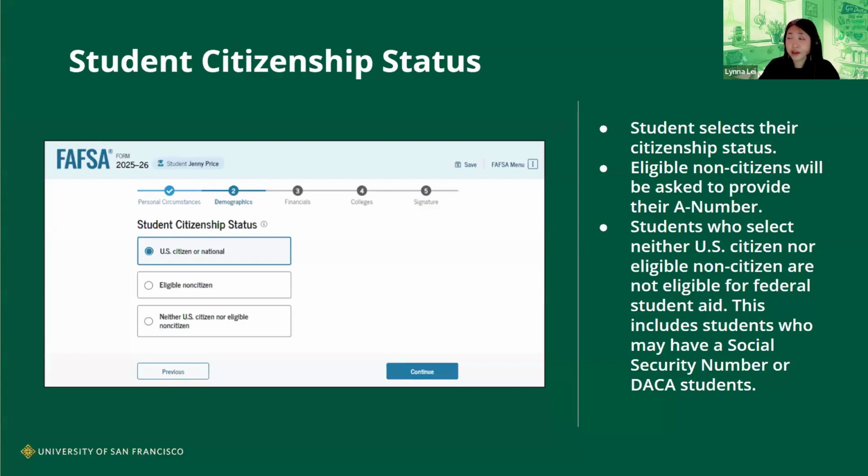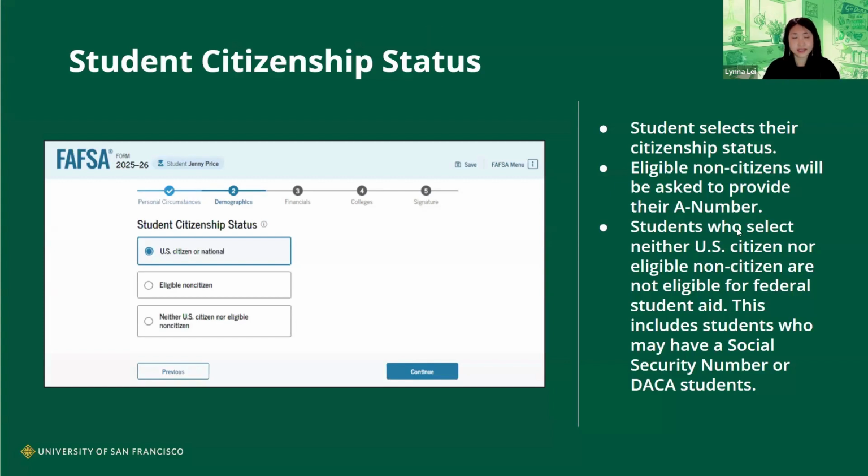At USF, if you're a student with DACA, we would not ask you to complete the FAFSA. For our DACA students, if they're an in-state student, they would be using the California DREAM Act application, and if they're out of state, they would be using the CSS Profile. But another institution might require the FAFSA.